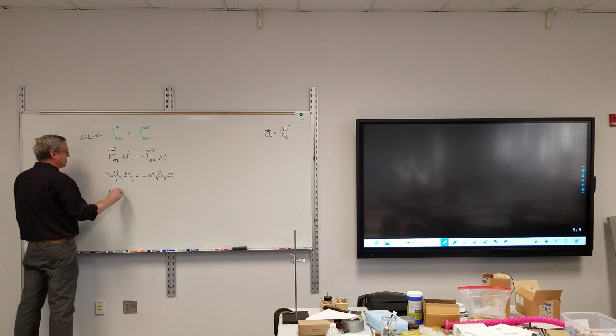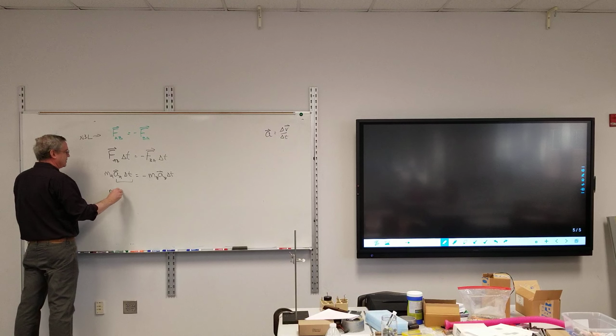Momentum is mass times velocity, so force is the change in mass times velocity over the change in time, which is mass times the change in velocity over change in time, plus velocity times the change in mass over the change in time. This step right here, if you had calculus, would seem a little bit obvious using the product rule. If you have not had calculus, then just sort of let it flow.